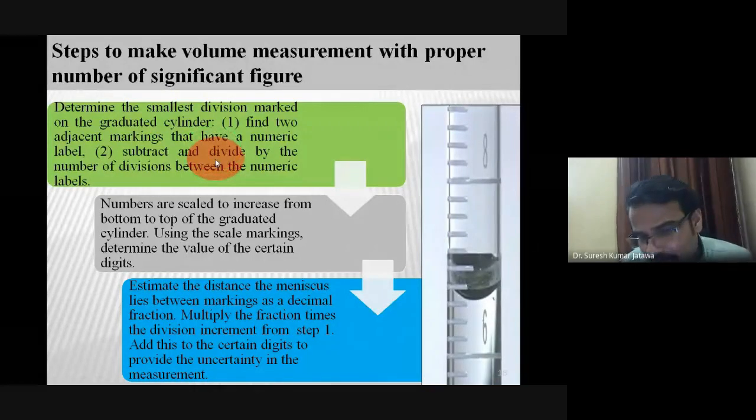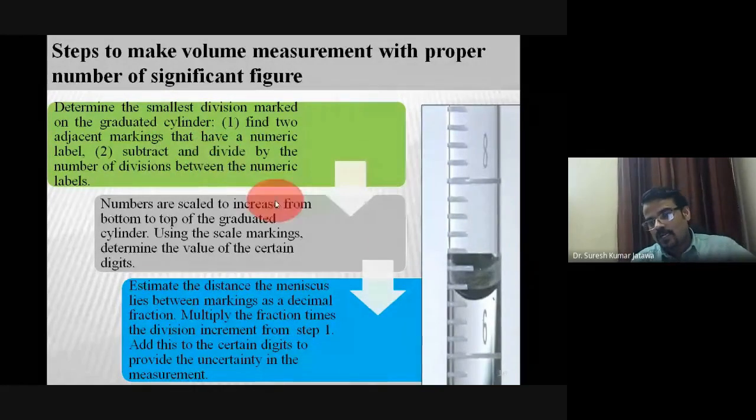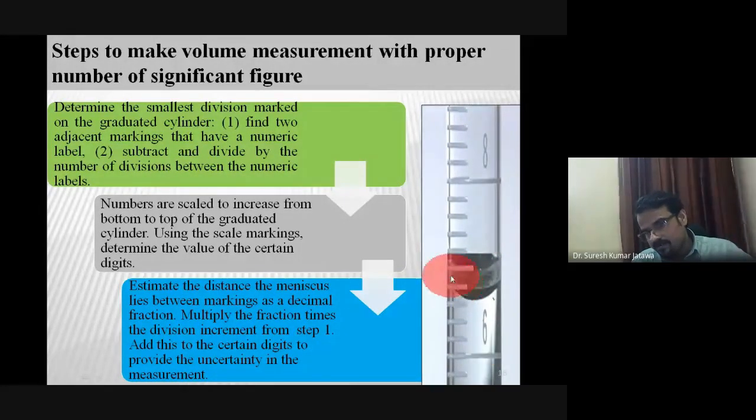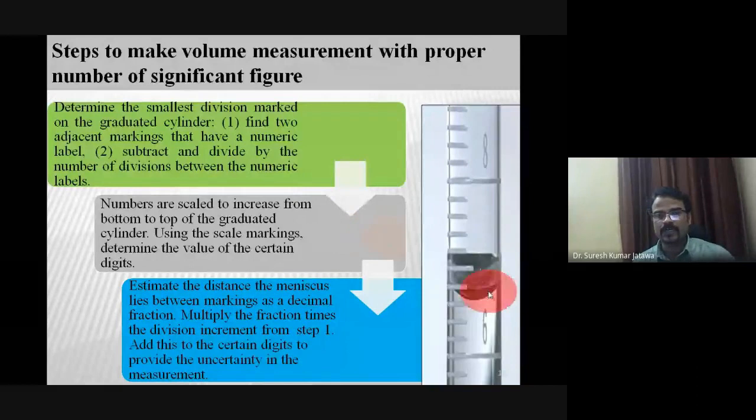So how will you determine what volume is present in a particular container? Like this, you can see this is the meniscus, filled in a container. So how will you measure? First of all, determine the smallest division marked on the graduated cylinder.